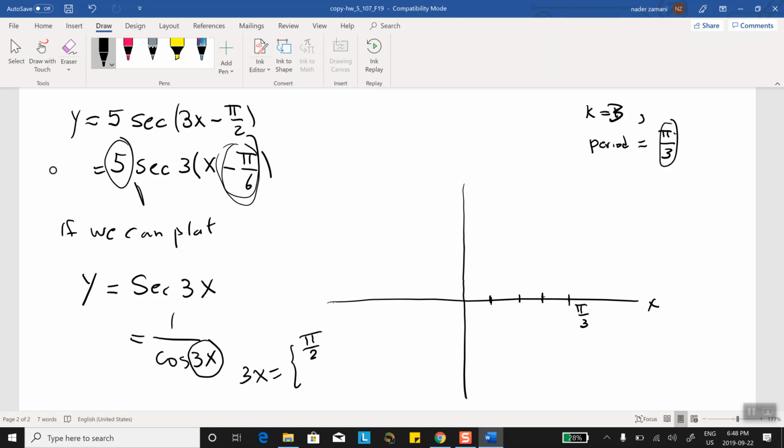Let me see for a second. When 3x is pi over 2, that means we are dealing with cosine of pi over 2, that is 0, and x is pi over 6. So, something that I don't like here.